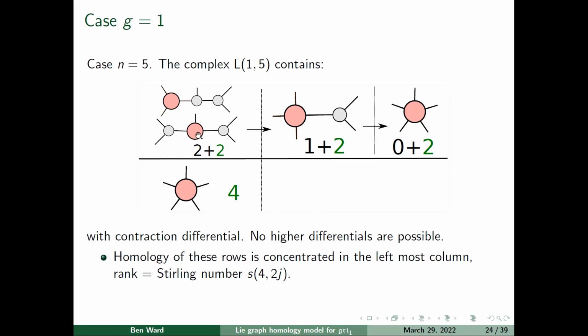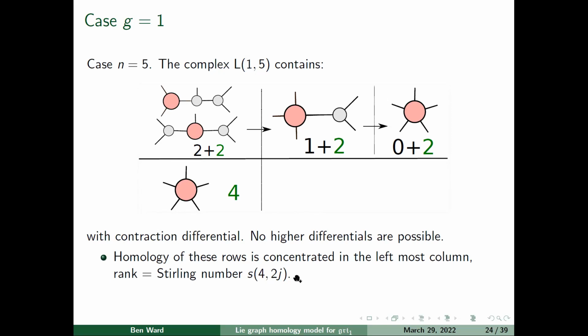In particular, the homology is all concentrated in one total degree. And the ranks of these rows' homology groups are given by Stirling numbers, which, recall, count the number of even permutations with a fixed number of cycles. And that number of cycles always has to be even because the homology class is always even.